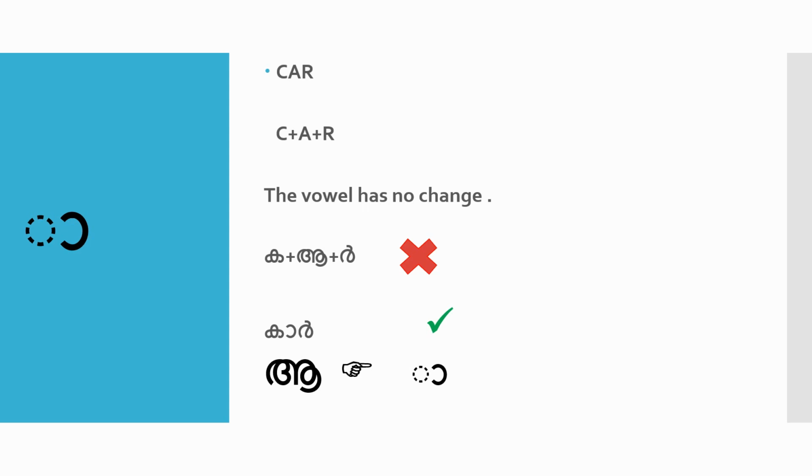Usually, as far as English is concerned, diacritics come above or below, but in Malayalam it comes before, after, above, below, and it changes the pronunciation of the consonant. So we are going to learn the A diacritic when combined with the consonants. Hope you understood this, and we are going to see the examples now.